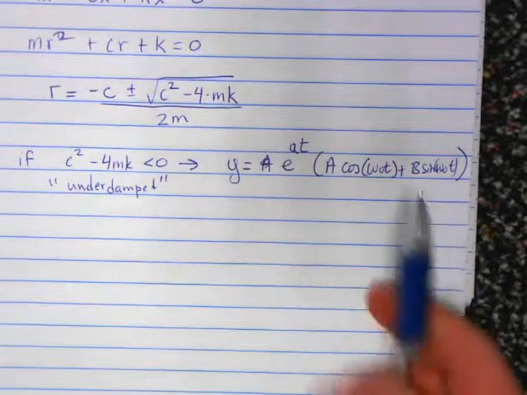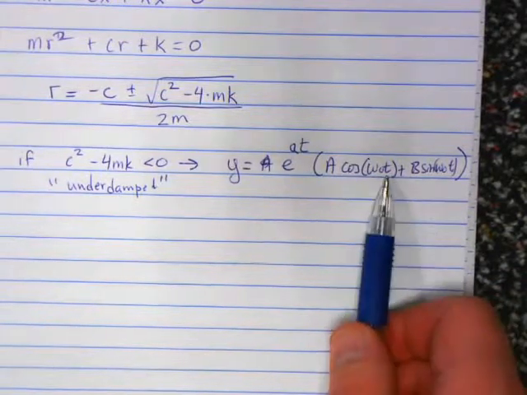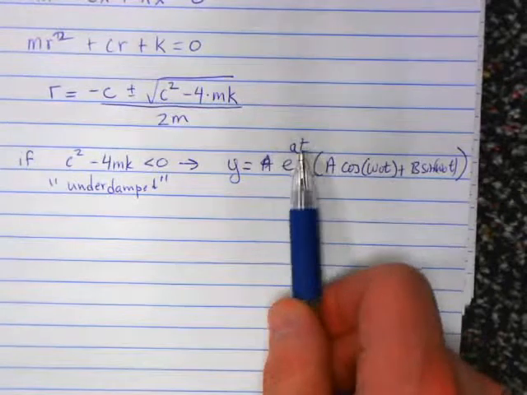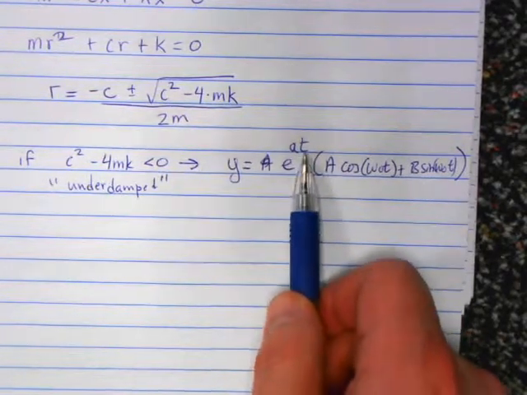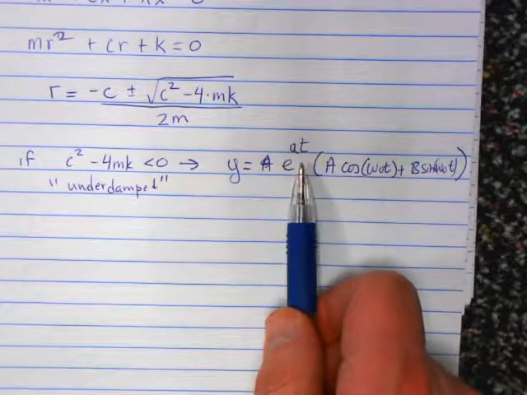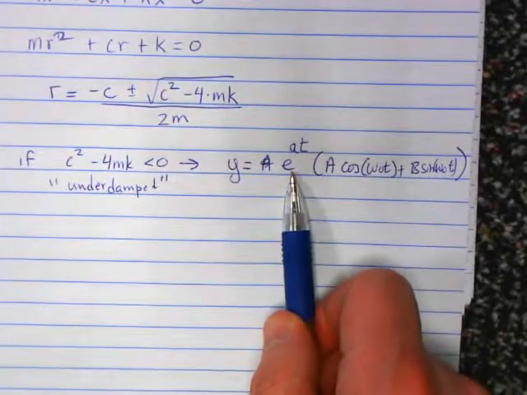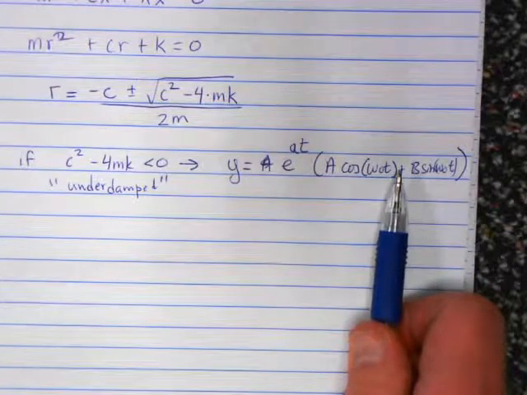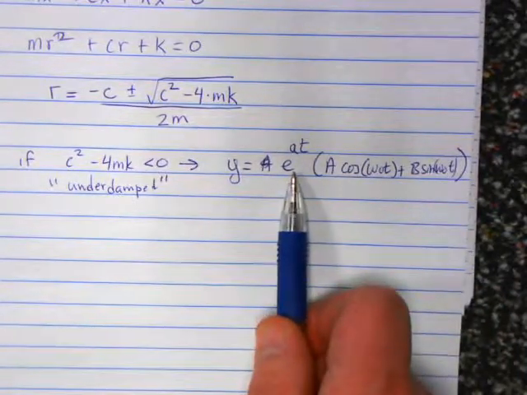We saw the trig wave, right? But it was getting lower, and that's what this exponential thing does. This a value is going to turn out to be a negative number. And so when t gets bigger and bigger, this e to the at thing is going to get smaller. So that's what's going to cause your amplitude to decay. That was an underdamped situation. You get the cycles, but the cycles are decaying.